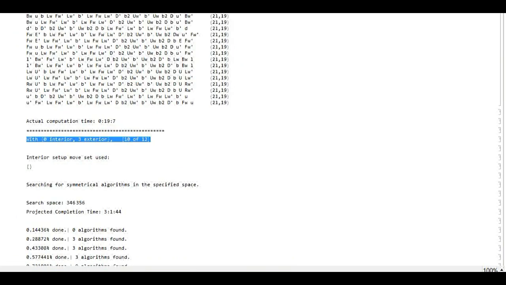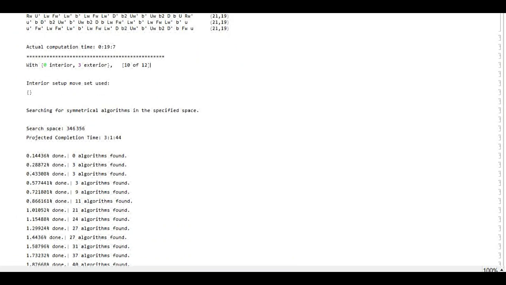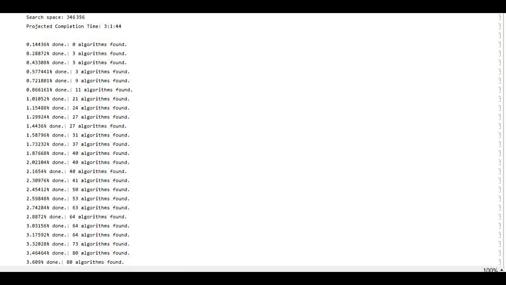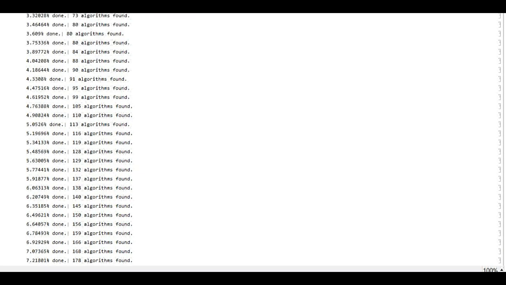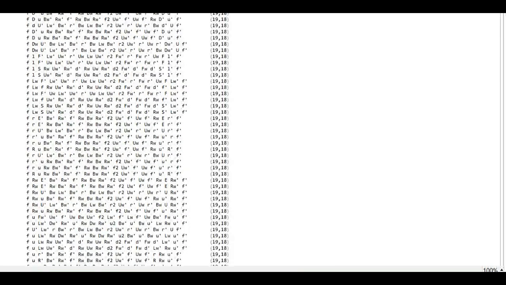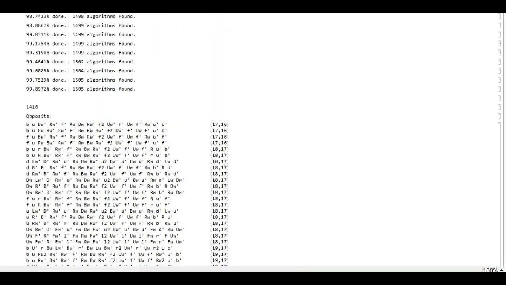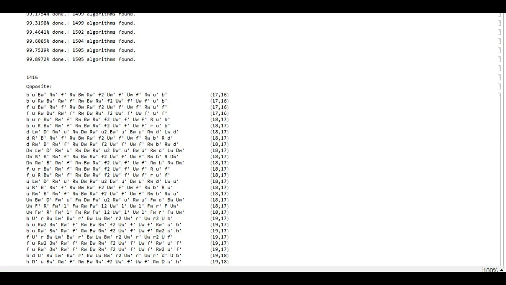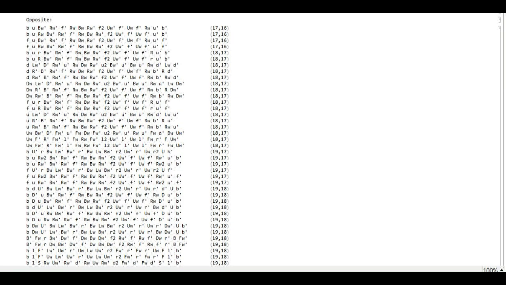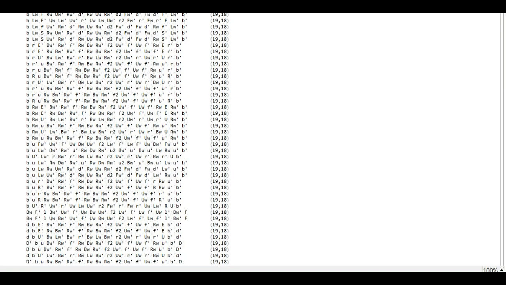So this was run 10 out of 12 with this first seed, and the projected time was 3 hours and 1 minute, and after it executed, it found some cases for opposite. If it would have found edge flip, that's listed first, but it didn't. It found opposite though, so you can see that here, that it found opposite.